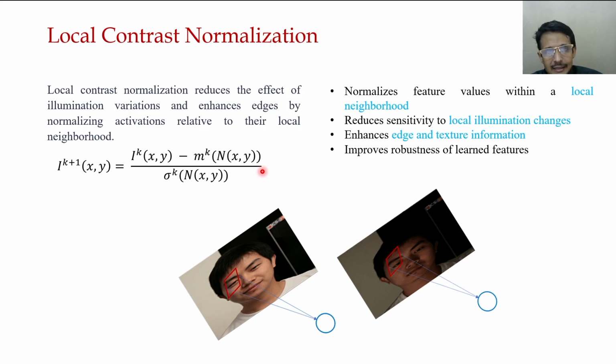That is the mathematical normalization formula. By this equation we normalize so that even if the responses at two positions are the same or very close, it normalizes the feature values within a local neighborhood. What it essentially does is reduce the sensitivity to local illumination change, emphasize the edge and texture information, and improve the robustness of the learned features.